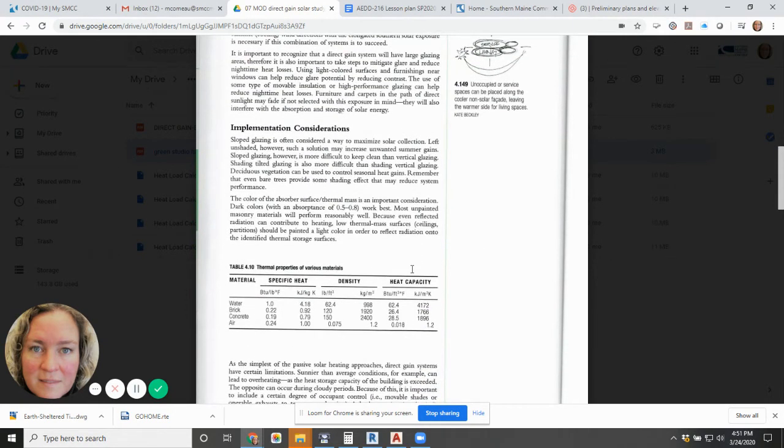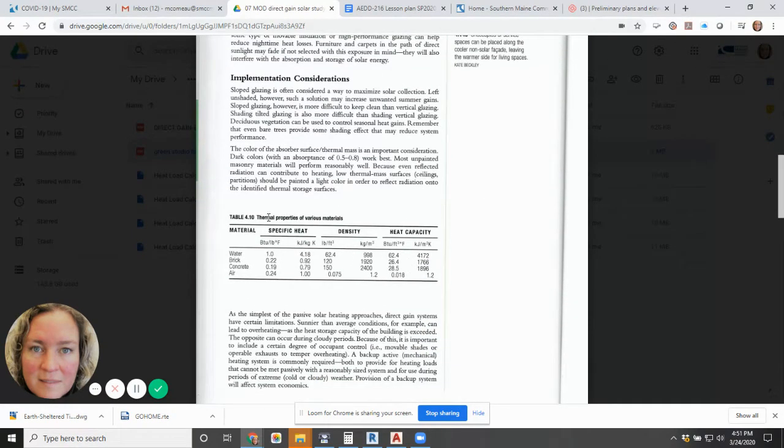And then this table here under thermal properties of various materials shows you the number of BTUs that can be held and the capacity of these different materials based off of per pound or density and their heat capacity.